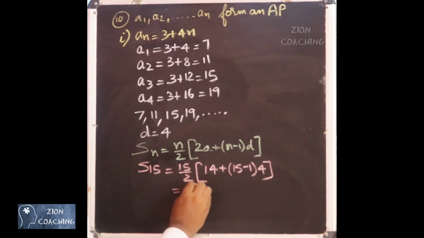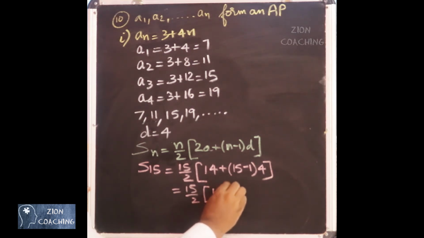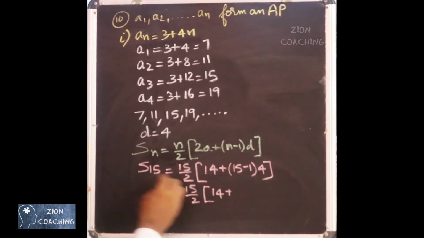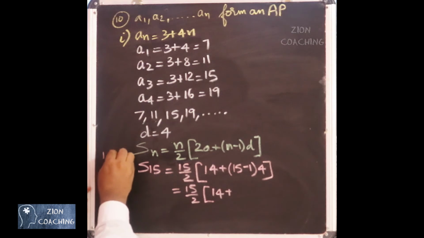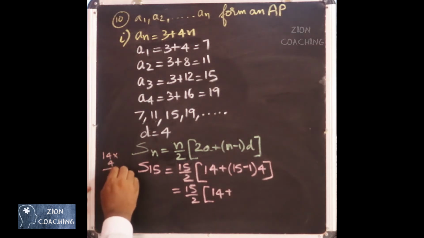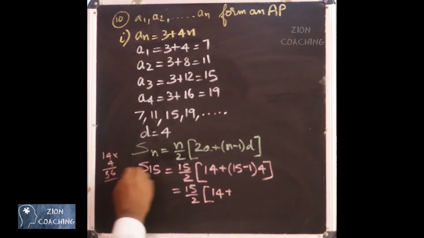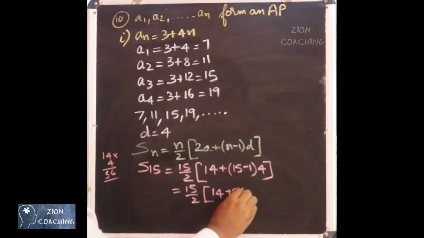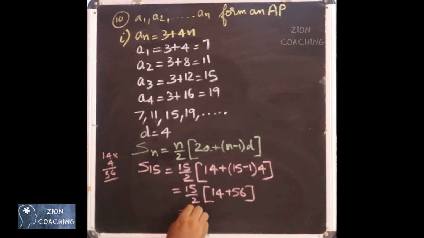Now you have 15 by 2 into 14 plus 15 minus 1 is 14. 14 into 4 is 4 4s are 16, carry 1, 56. 14 plus 56 is 70. So we will have 15 by 2 into 70.